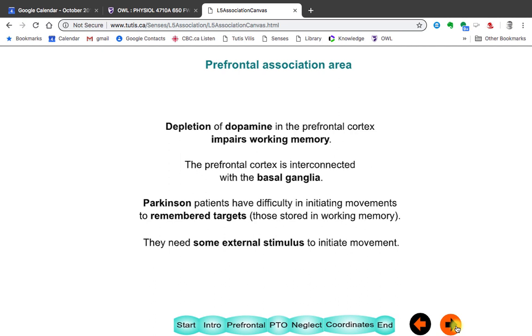And Parkinson patients have, for example, difficulties in initiating movements because they don't have a target for their movements. Okay, there's a good example in a movie that I saw about Parkinson patients.